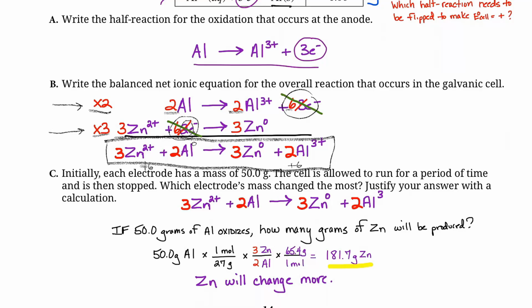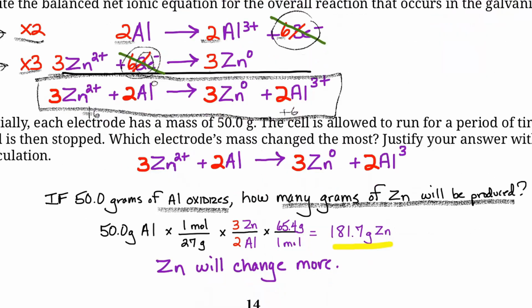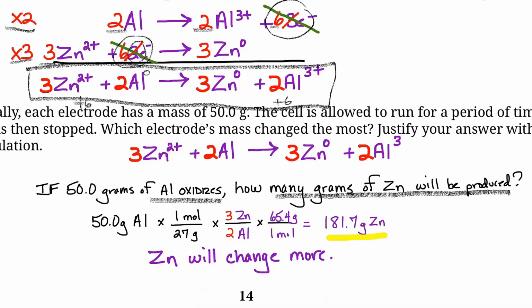So what I did, but you certainly could do this many different ways, I took the 50 grams and I basically make this statement to myself: if 50 grams of aluminum oxidizes, that means if all of the aluminum anode completely oxidizes, how many grams of zinc will be produced on the cathode? That's what I did. So it's a Stoich problem, and I used the overall balanced equation to do that. I took my 50 grams and converted to moles using the molar mass of 27, used my ratios, and canceled my units.